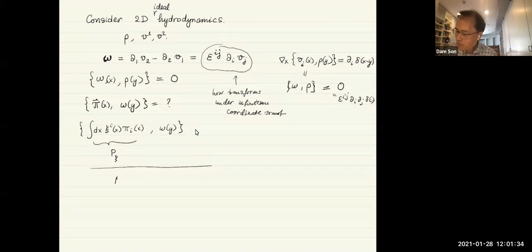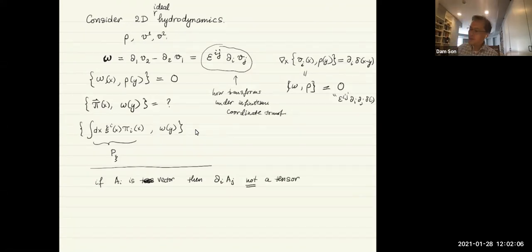So if A_i is a tensor, or let's say a vector, a tensor with one index is just called a vector, then generally its derivative does not transform like a tensor at all. And that's very easy to see.